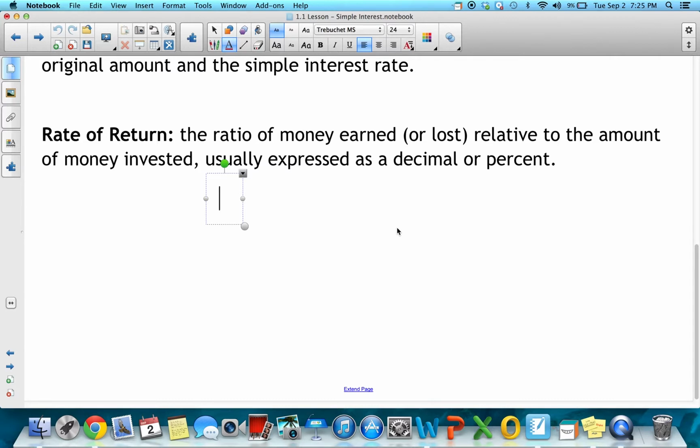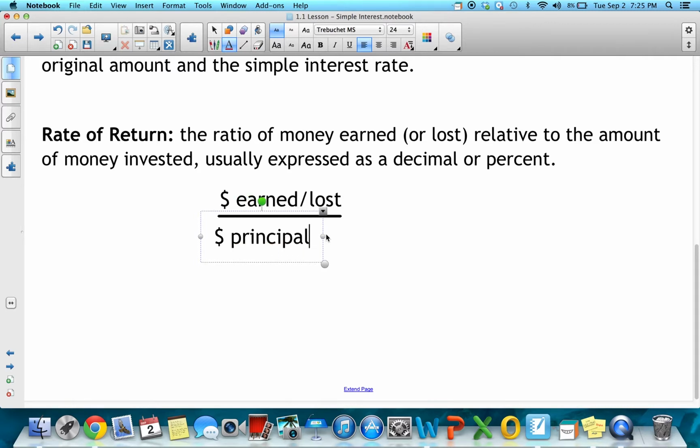So it's the amount of money earned or lost divided by whatever your principal was. When you calculate that, you're always going to get a decimal answer. We'll typically change that decimal answer to a percent by multiplying it by 100. So write this underneath your rate of return definition.